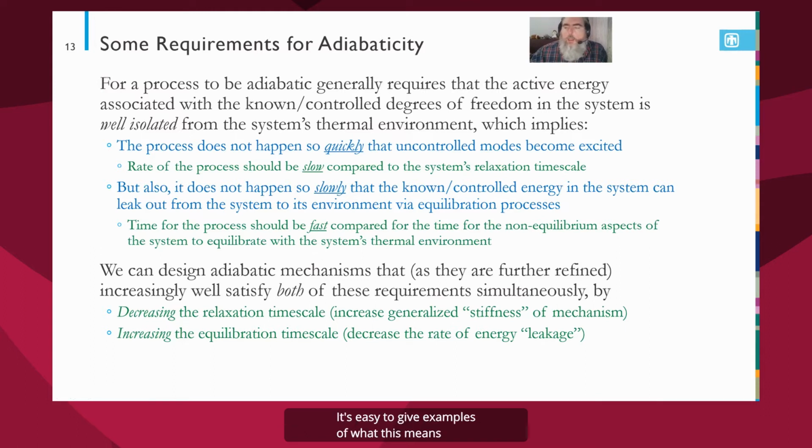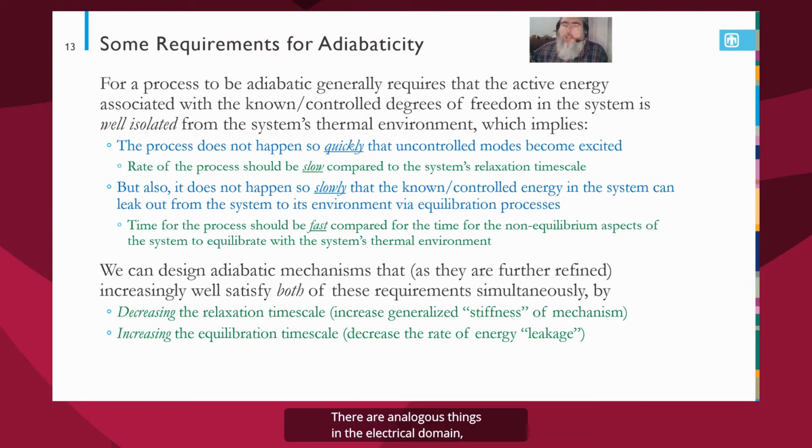And it's easy to give examples of what this means in classic cases like adiabatic compression of an ideal gas, where you don't want to excite pressure waves in the gas, but you also don't want the heat of the compressed gas to leak out.